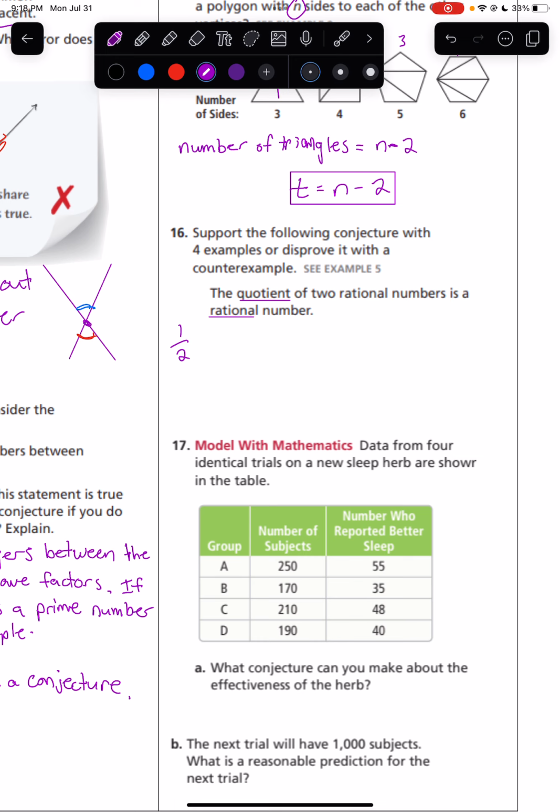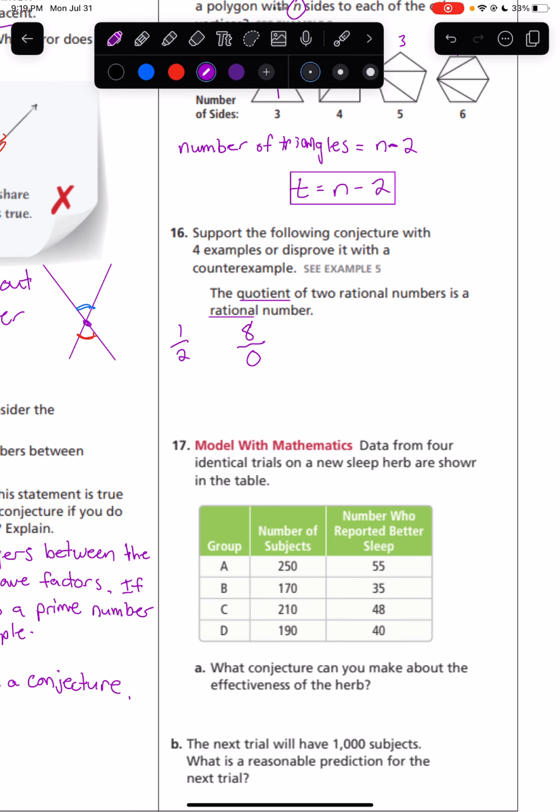But there is a counterexample because we know that if you have a fraction, you cannot divide by 0. So if we take a fraction with a number on top, divide it by 0, that is a counterexample because that 8 divided by 0 is not a rational number.